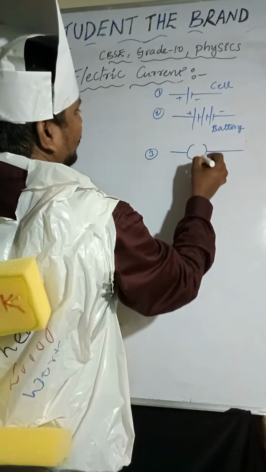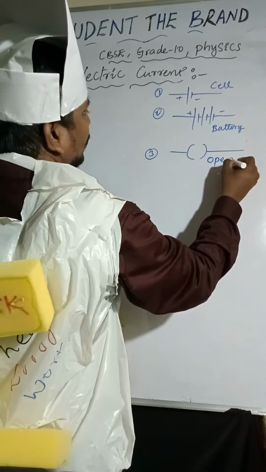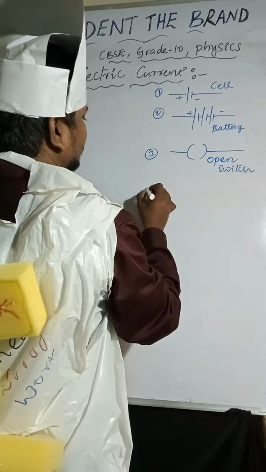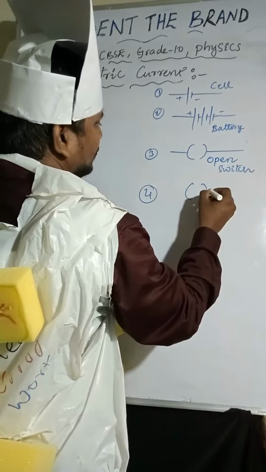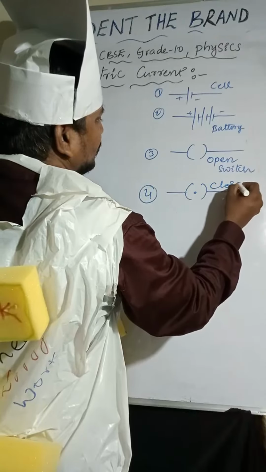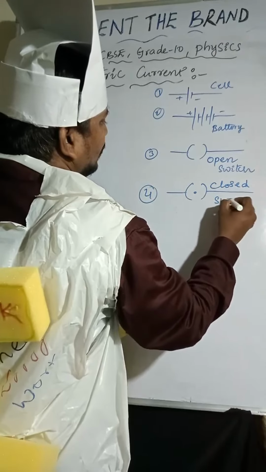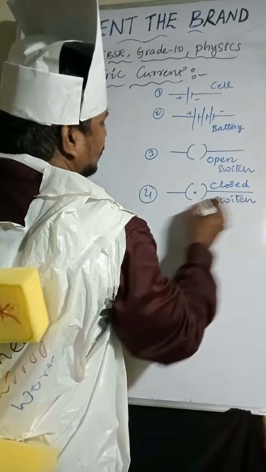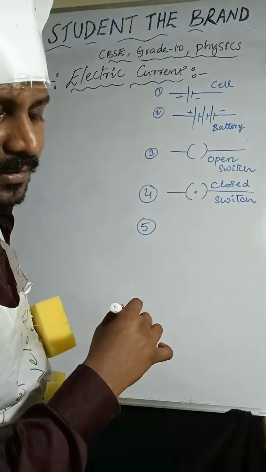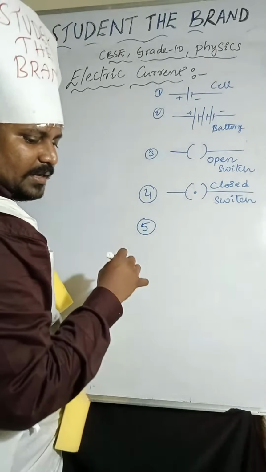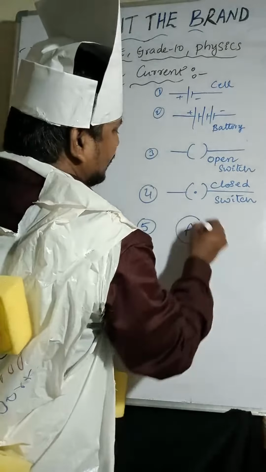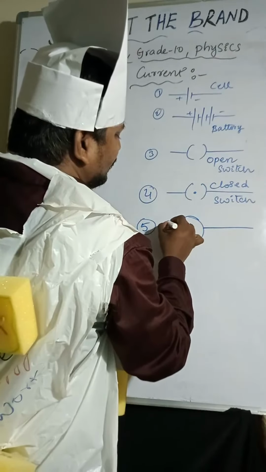So this is the open switch, and the fourth one is the closed switch. The next one is the ammeter.